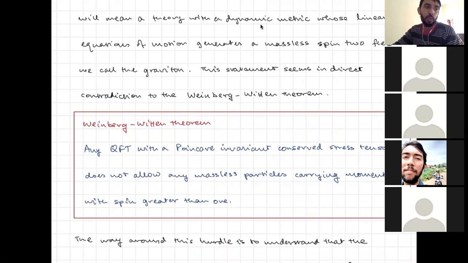The idea of holography is based on something where you are looking at a low energy theory that reduces to Einstein's GR.